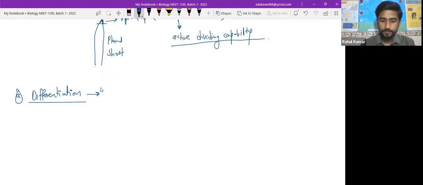Differentiation refers to, or differentiation means, a biological cellular process in which the cell acquires certain modifications in structure and function. Is it clear?